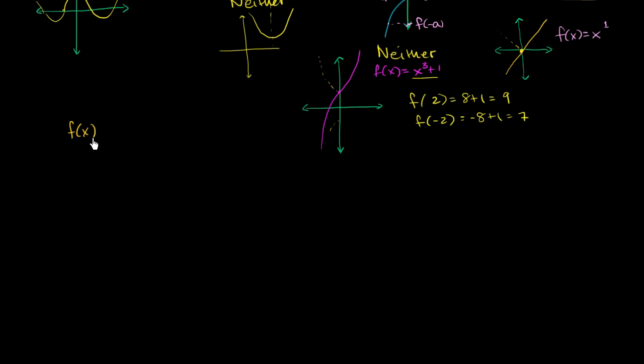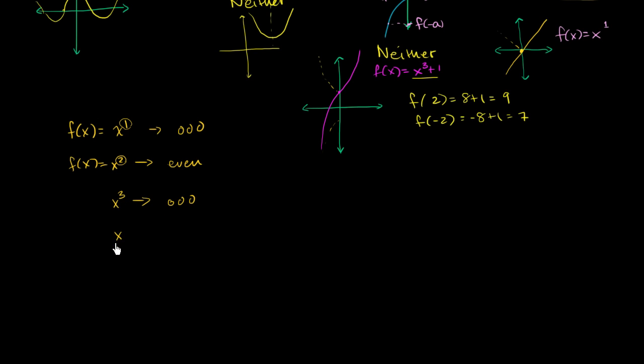Because if I have f of x is equal to x to the first power, that's the same thing as y is equal to x. This is odd. And it gels with the name because we are also raising it to an odd power. If we have f of x is equal to x squared, we saw in the previous video this is even. And it gels with the idea that we're raising it to an even power. I could keep going. If it was x to the third, that is odd.